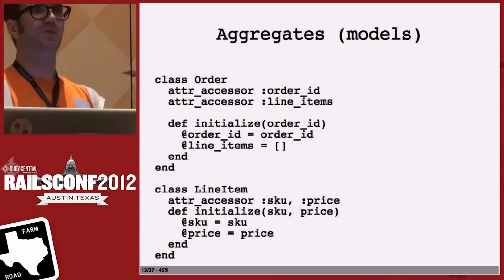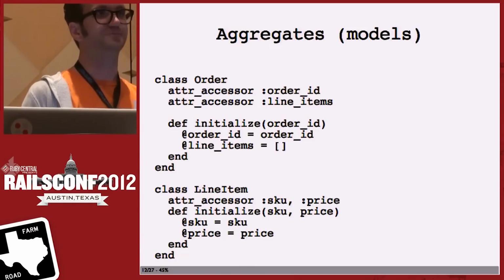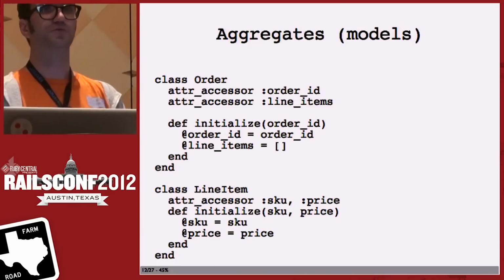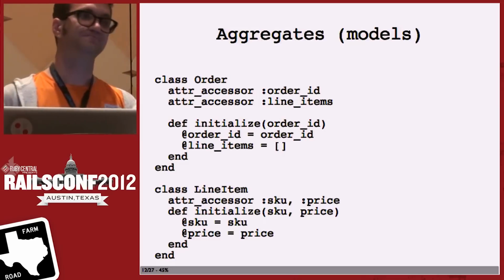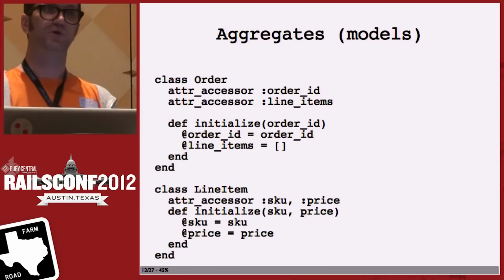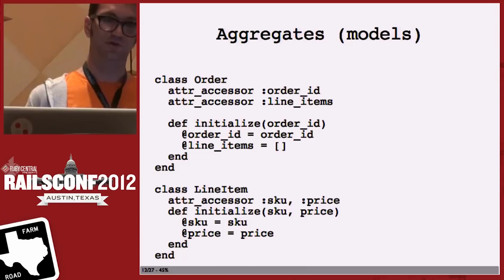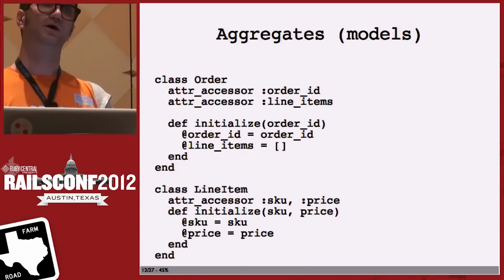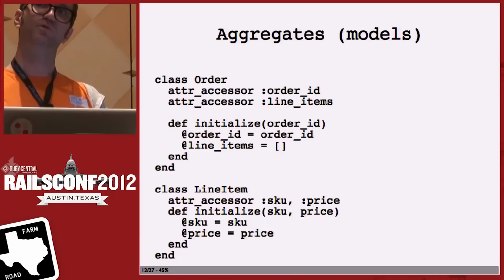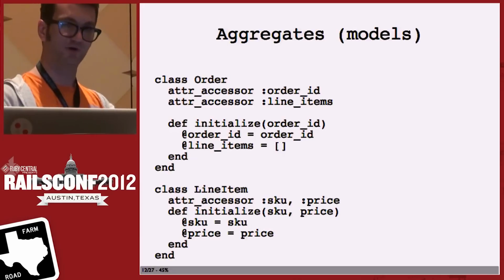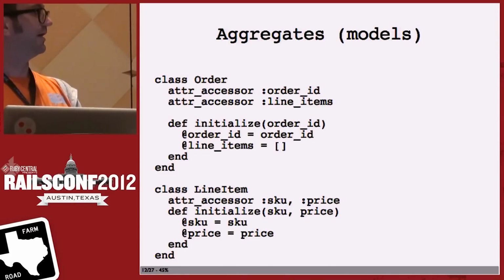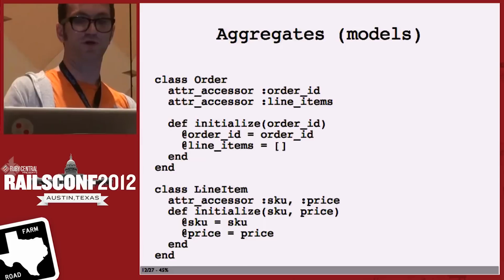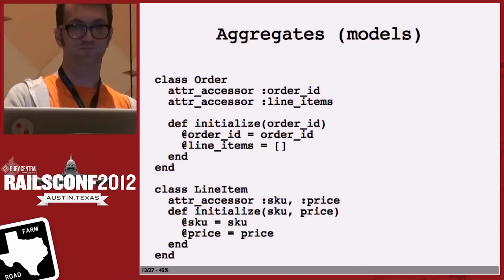So you can't let the database generate your IDs for you. You need to do that on your own. A lot of people use GUID systems for that. There's different ways of doing it, but the bottom line is that if you don't do that, then you're not going to have the starting point to play events forward from and have them all tied back to a single ID. And then further down, we've got the line item, which is just a SKU and a price with the related initializer.